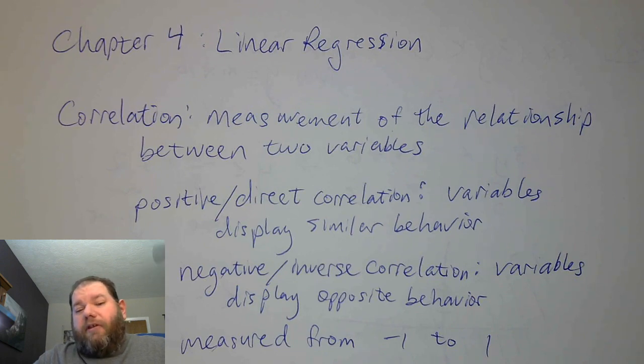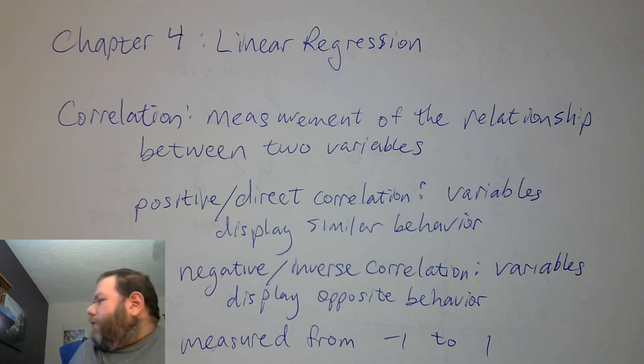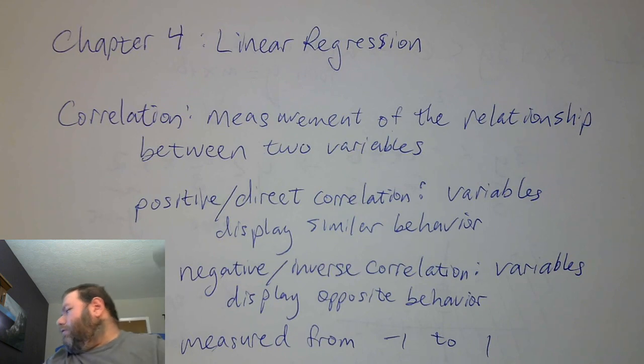Now, when we say opposite, that means it's not necessarily a bad thing. It just tells us what's happening in a given situation. So if we get a correlation coefficient of -1, it means that they do display a correlation, but they're going opposite directions.